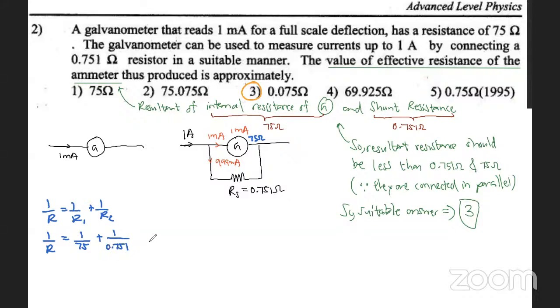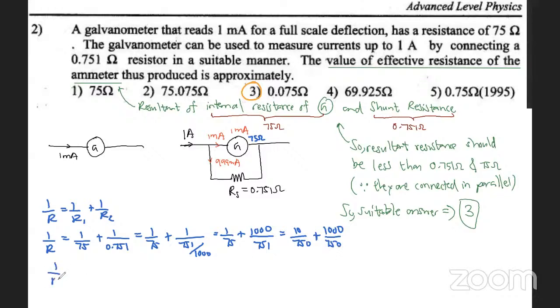We'll write it this way: 1 over 75 plus 1000 over 751, roughly 10 over 750 plus 1000 over 750.